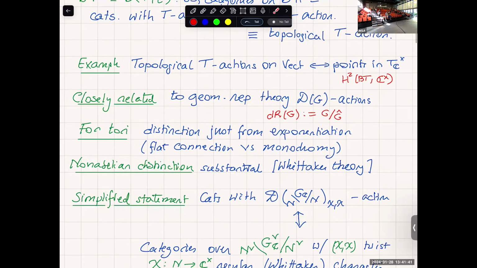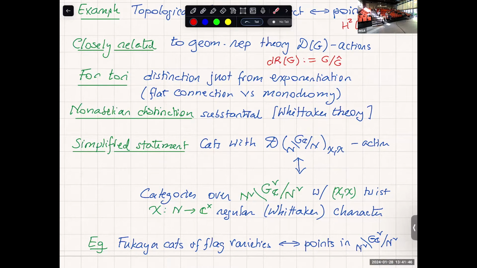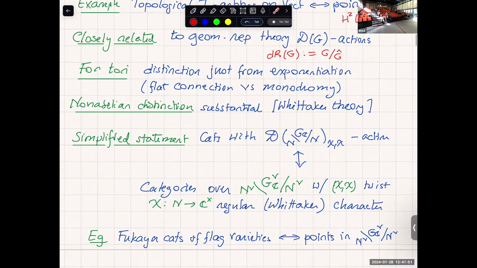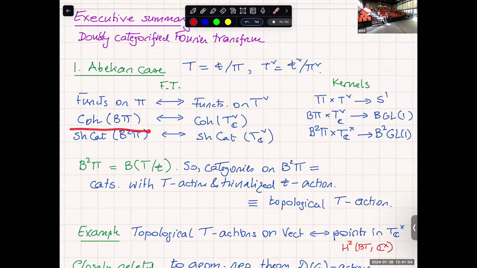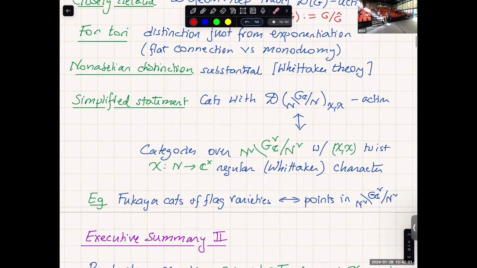In the non-abelian case, something more substantial happens, and it's explained by the results of Kostant on Whittaker modules. I probably won't have time to explain, but the cartoon statement that goes with this is that categories with topological T action, the sheaves of categories on the dual torus, is that categories with an action of D-modules on these double coset stacks, twisted by chi left and right, correspond to categories over the dual Whittaker stack, well, Langlands dual group, again with chi twist.